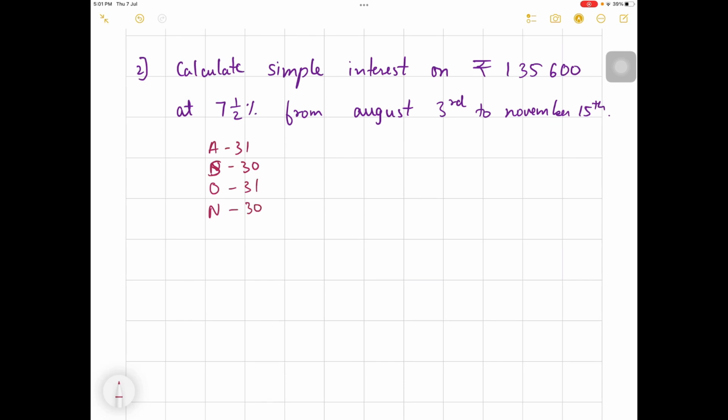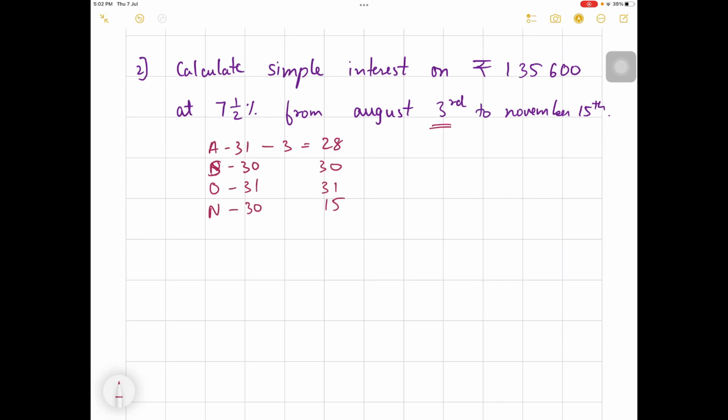Now from August 3, so from August 3 to August 4 is day 1. So 4, 5, 6, 7, 8, so 3 days are gone, right? So 31 minus 3 is 28 days of August, 30 days of September, 31 days of October, and 15 days of November.